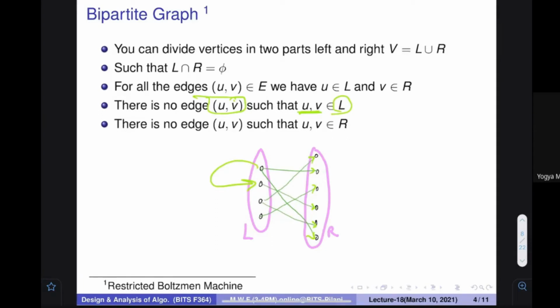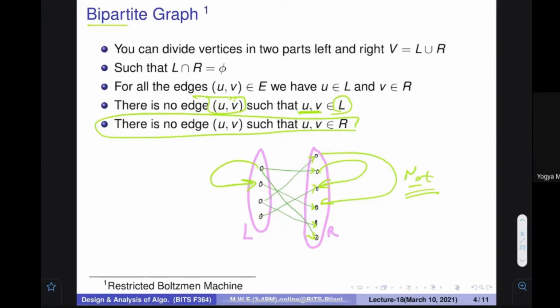Make sense? R in the second line says that you are connecting R to R. If something is coming from R to R, it is not possible. It is not allowed. These kinds of edges would not be there in a bipartite graph. Rahul, was it your question? Did I answer it? All right. So this is what the definition is.